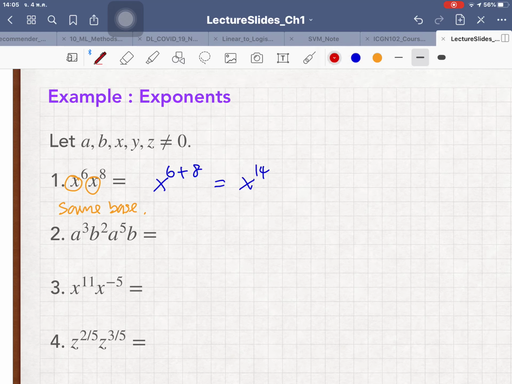Or in the next example, here you have the same base of a for term number 1 and term number 3. So in this case, you just add up the powers together. The power will be 3 plus 5. And you also have the same base of b.